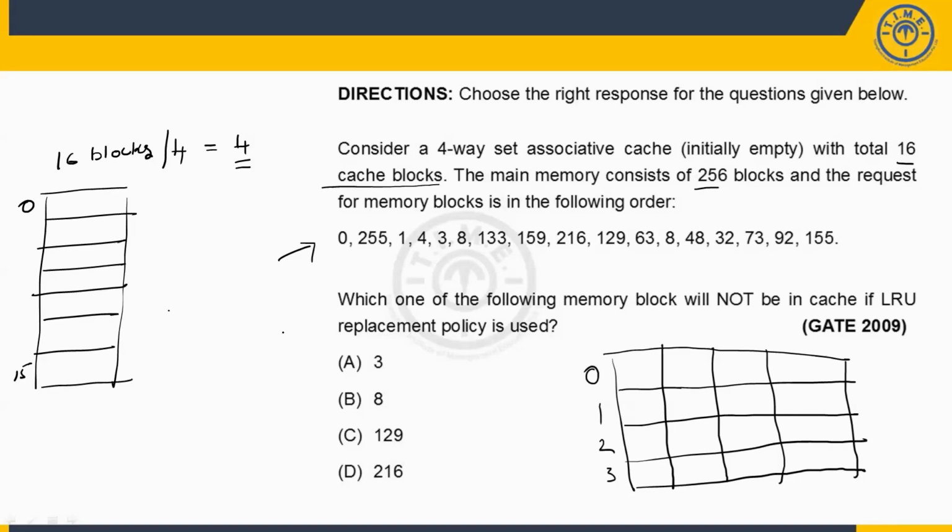The mapping rule is K mod C by 4. What is K? K is the referenced block. C is the total blocks in the cache memory. 4 is the associativity.